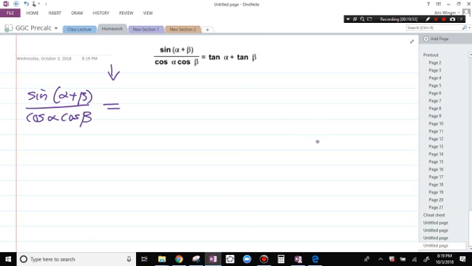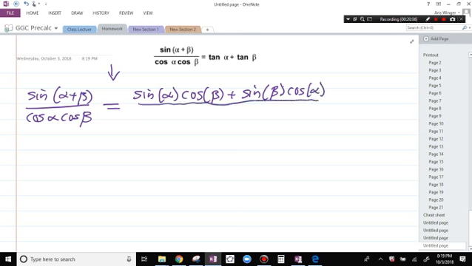The sine of this sum is the sine of the first angle, the cosine of the second angle, plus the sine of the second angle times the cosine of the first angle, all over cosine alpha cosine beta. And then we'll just divide separately, and then we'll see it, right?